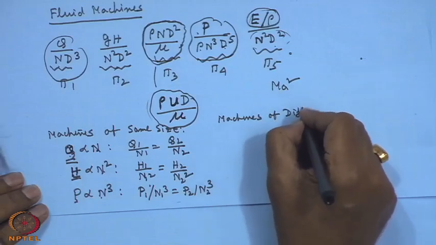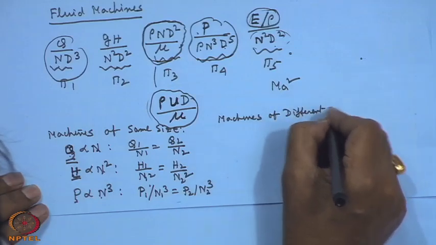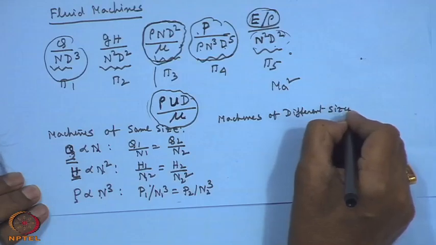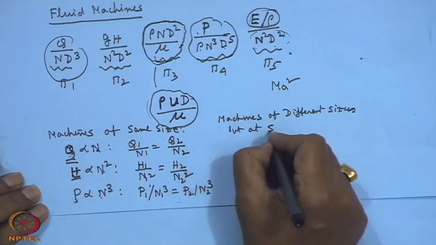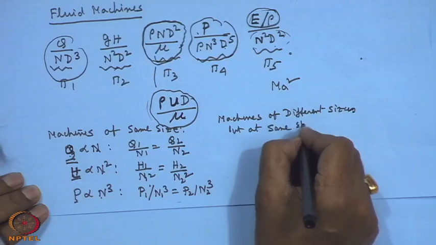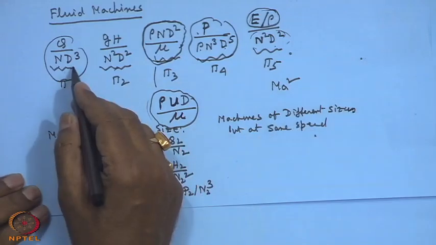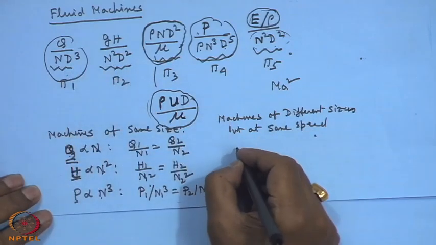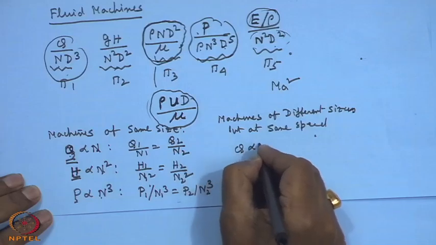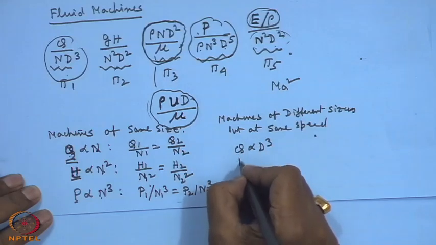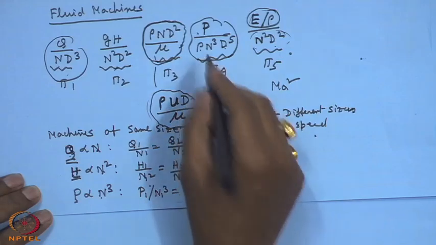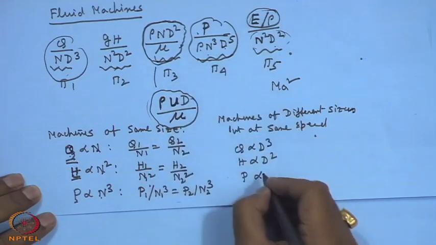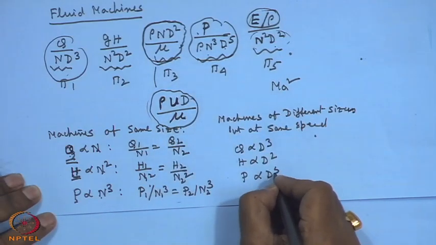For machines of different sizes but at the same speed, one can derive from this formula that Q is proportional to D cube, H is proportional to D square, and power has to be D to the fifth.